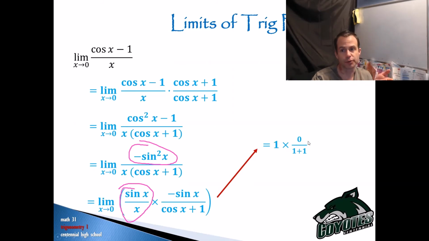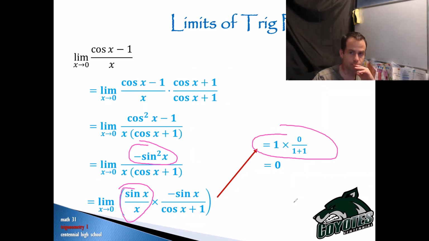So negative 0 is just 0, right? The limit of cos x as x approaches 0 was 1. And so I changed my sine x to be my 0, and I changed my cos x to be my 1. So that gives me 1 times 0 over 1 plus 1, which is just 0. I do need to see this, it's important to me in my communication, so just be careful that you show that to me.